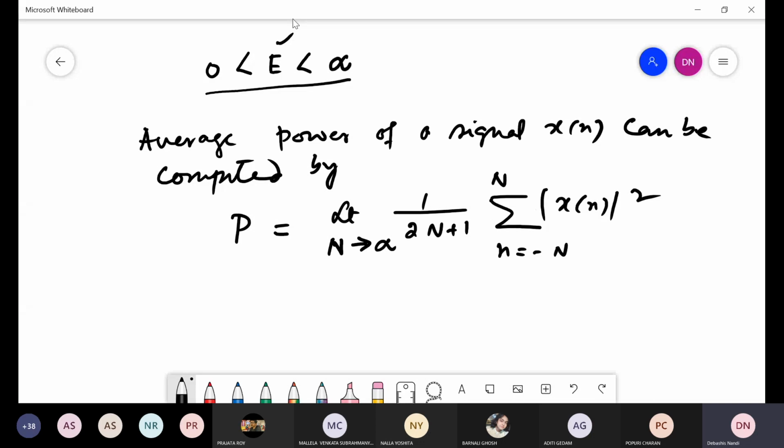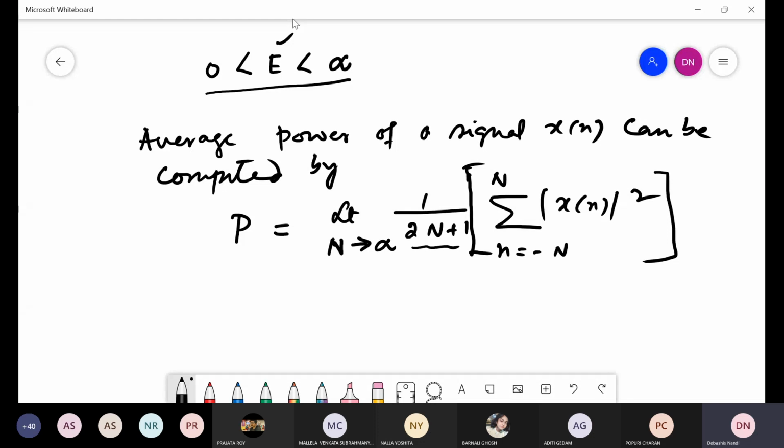Now once again, see how many sample values you are taking for finding the average value. You are taking 2N plus 1 number of samples. After adding all these squared sample values, you get the energy for those samples. Then you are dividing this by time, which here means the number of samples.